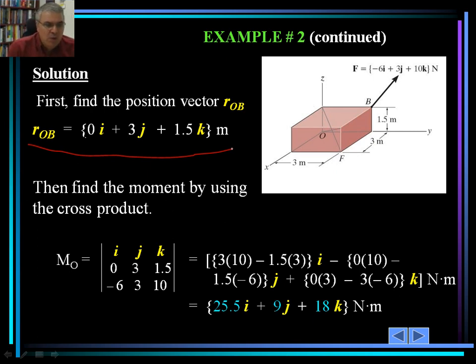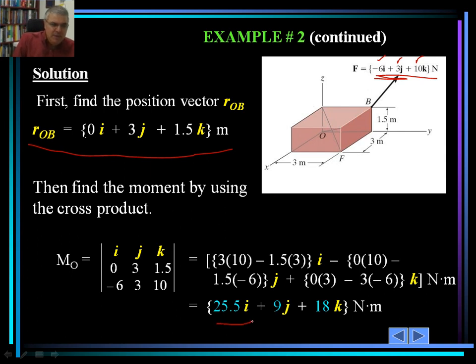The second row would be the components of the position vector, 0, 3, 1.5, and the third row would be the components of the force that causes the moment about point O, which is given by the problem: minus 6, 3, and 10. So minus 6, 3, and 10. So 3 times 10 minus 1.5. We take the determinant as I just described to you previously.